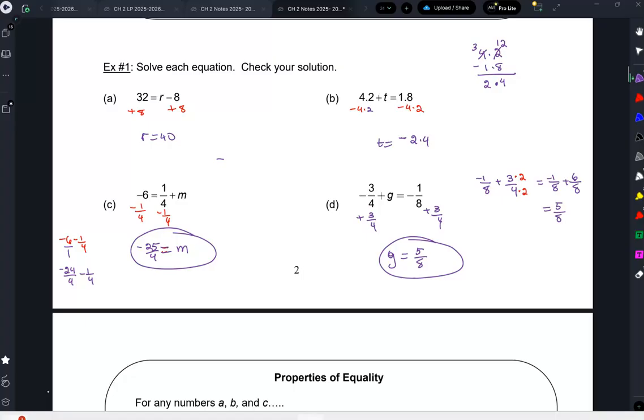Okay, so that's what we're doing. So here I have negative 6 minus 1 over 4. Okay? Now, negative 6 is over 1. Between the 1 and the 4, I want the common denominator to be a 4. Right? So I need to multiply this by 4 to make it a 4, and then I need to multiply that by 4 to make it a 4.